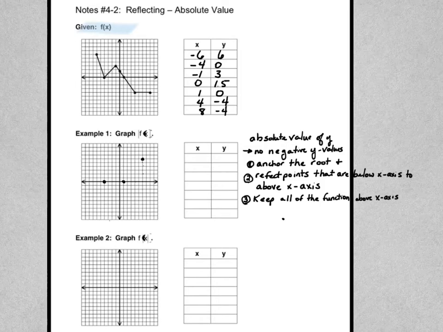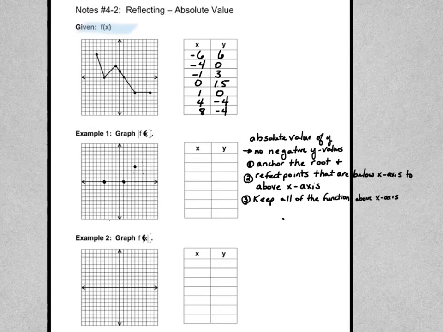Then the other one that's below the x-axis is at 8, you're at -4. I'm sorry, I did that wrong. Let me back up. I was at 4, negative 4. So at 1, 2, 3, 4, I'm going to go up 1, 2, 3, 4.